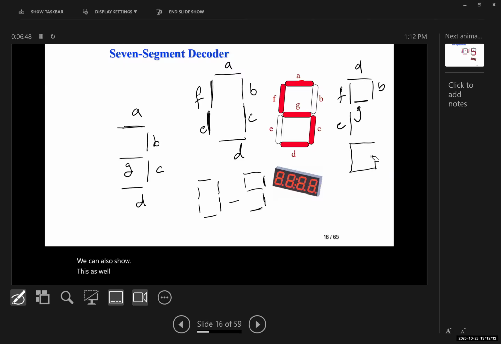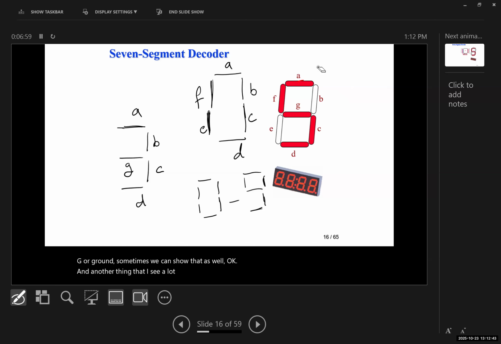And what is this? G, or ground. Sometimes we can show that as well. And another thing that I see a lot that we can show is this as well. And what is this? E, and error. You could show error with this, for example.